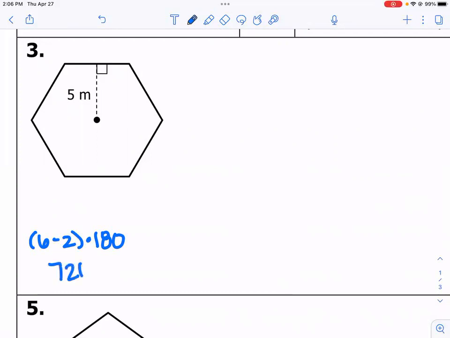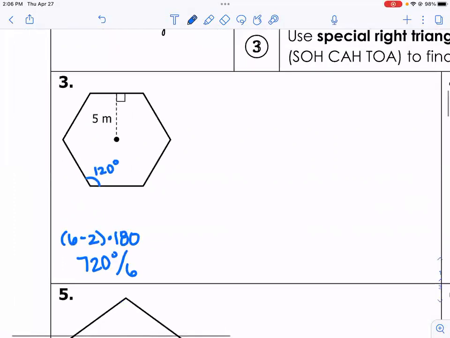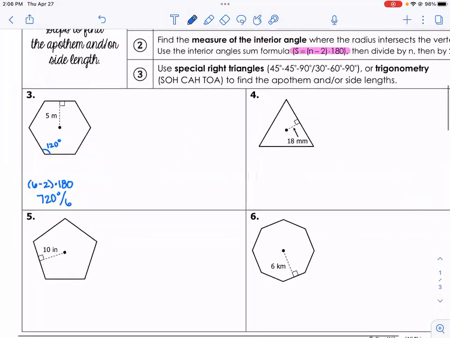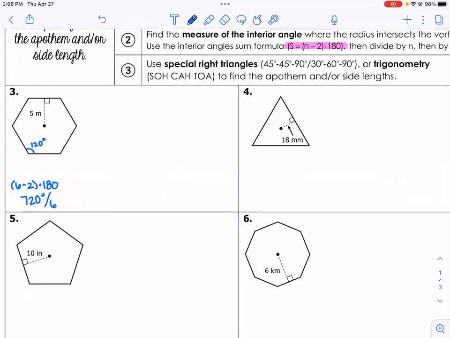And if we take 720 divided by 6, each of these angles is 120 degrees. So this is where it helps to pay attention. The measure of the interior angles adds up to n-2 times 180.